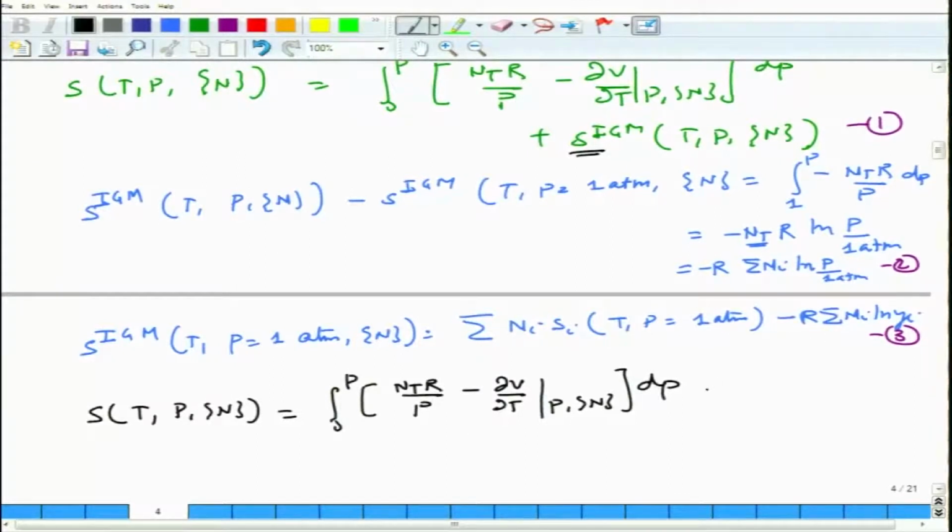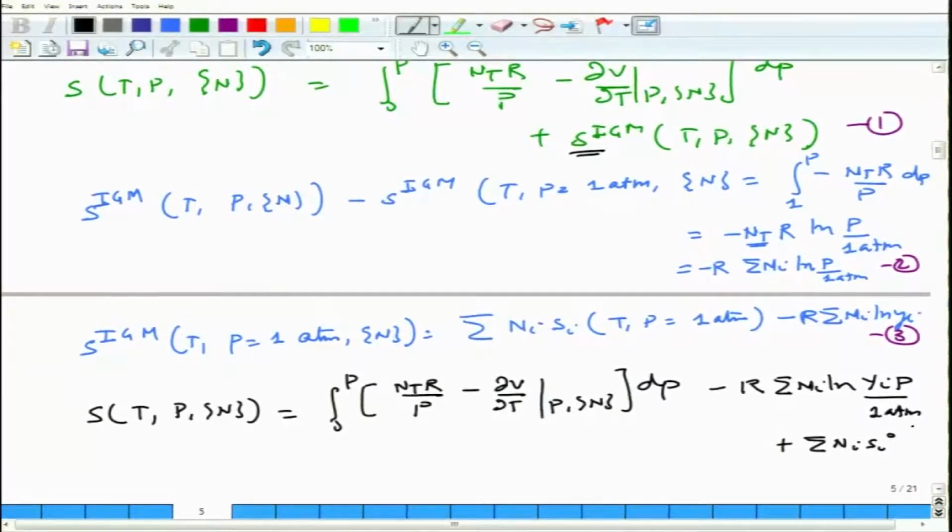So, let me write it here: minus R summation Ni ln Yi P by 1 atmosphere, plus summation Ni Si0.